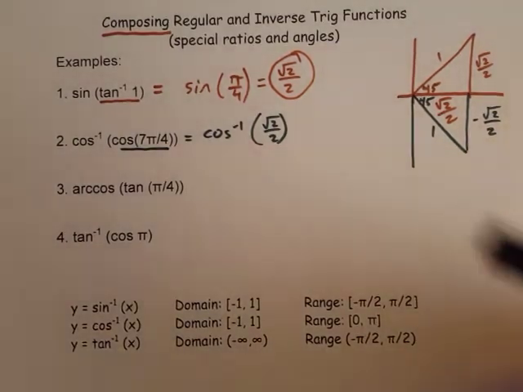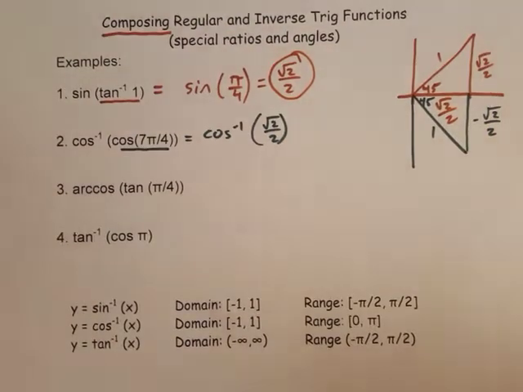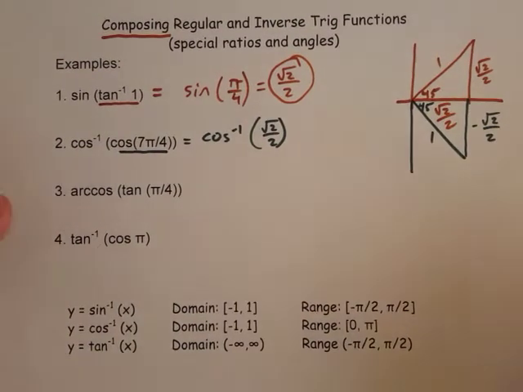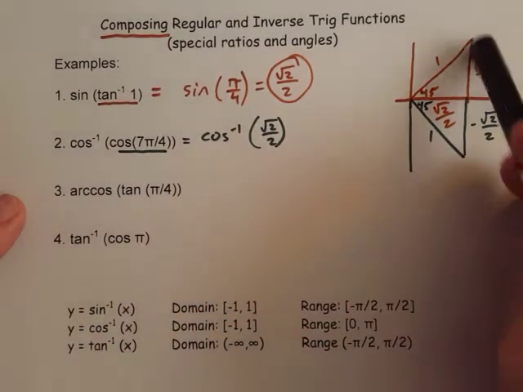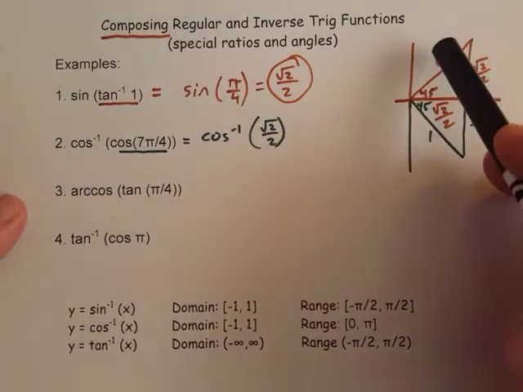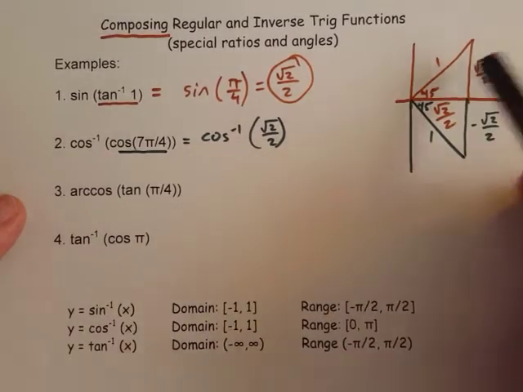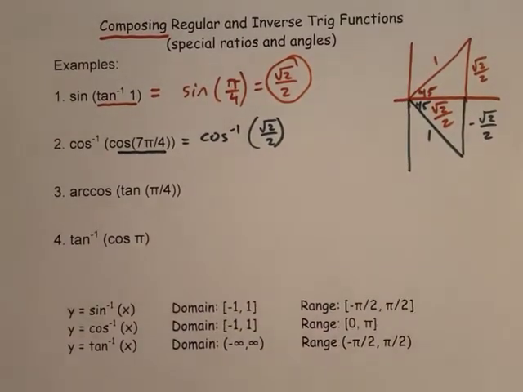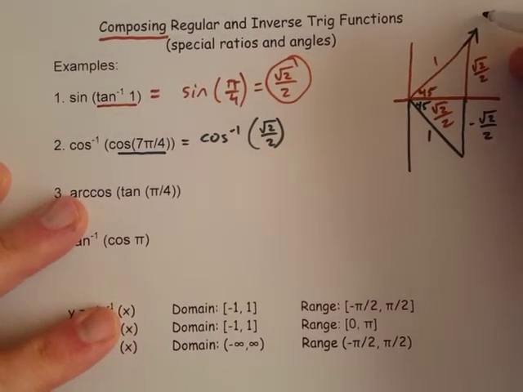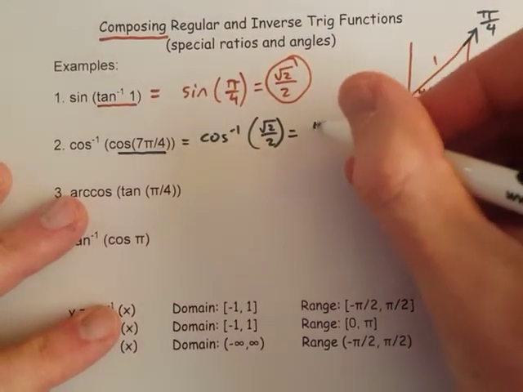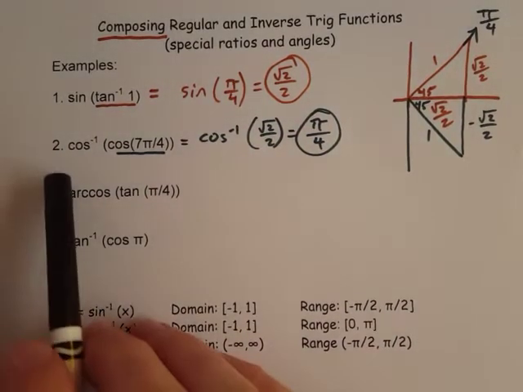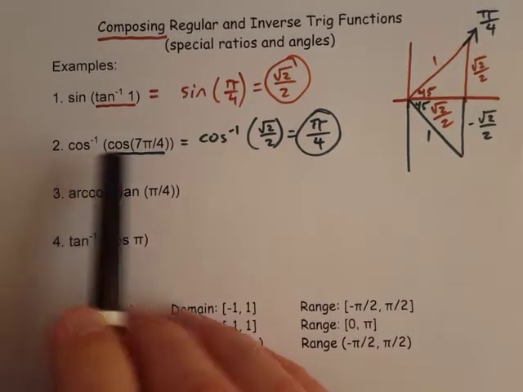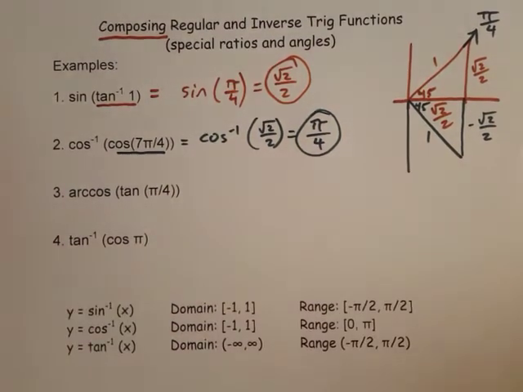If you've got a picture that goes towards several problems, you can do that and just make sure you point to the problem that you're on. Cosine inverse of square root of 2 over 2, just verifying that in this triangle, if we do adjacent over hypotenuse, is it square root of 2 over 2? Yeah, it is. So this is our location. This is going to be at pi over 4. And so now we get pi over 4 as the output to this one, which again makes sense because we have an inverse trig function. What should come out of that is an angle.